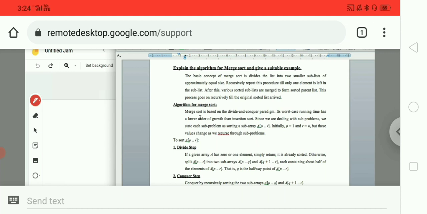The algorithm for merge sort is based on divide and conquer. Its worst case running time has a lower order of growth than insertion sort. Since we deal with subproblems, we state each subproblem as sorting a subarray.